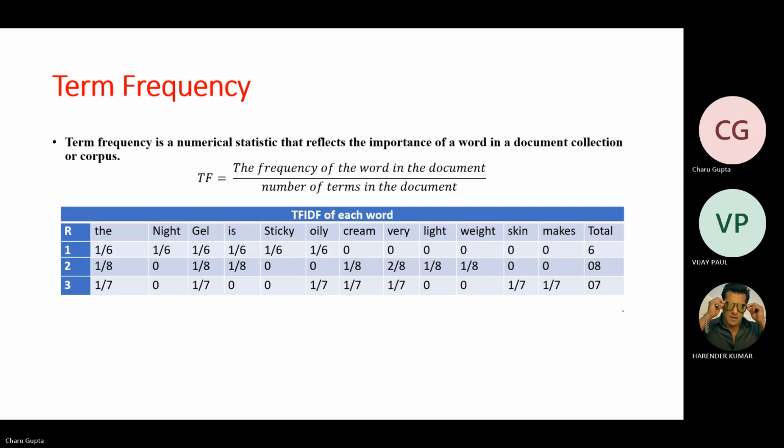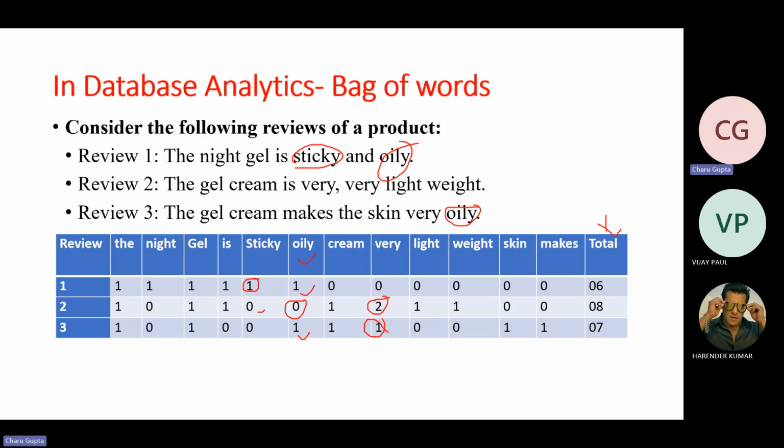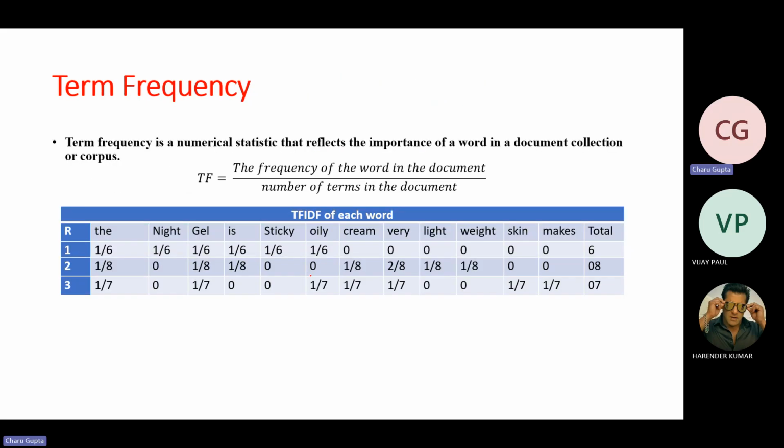Next, what is term frequency? Term frequency is a numerical value which reflects the importance of a word. For example, the word oily has appeared twice, so I can say that this word is more important than the other one. The frequency of a word in a document gives me the term frequency.